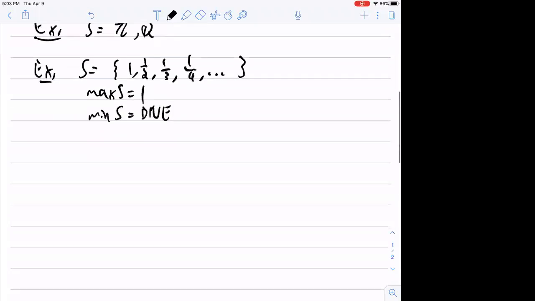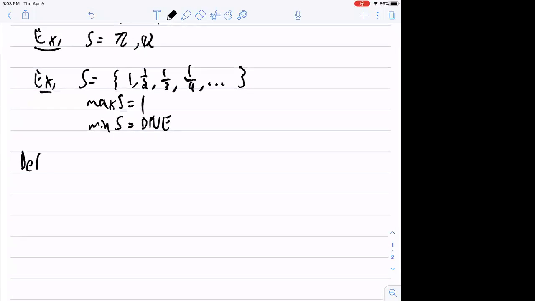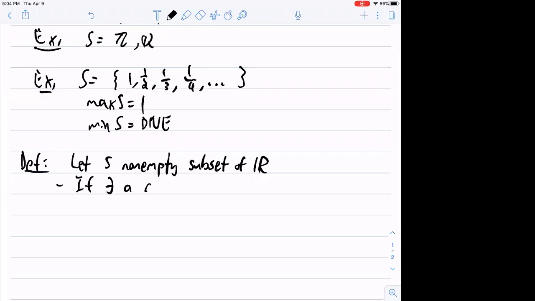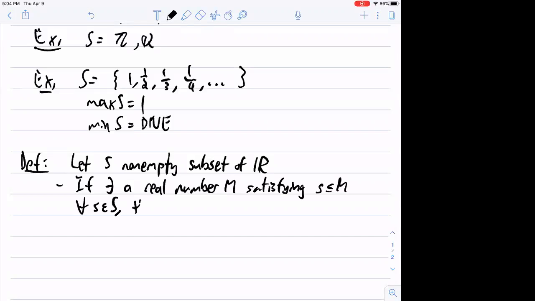Definition: let S again be a non-empty subset of R. If there exists a real number M satisfying that every element in S is smaller than it, so for all s in S, s is at most M, then M is an upper bound.